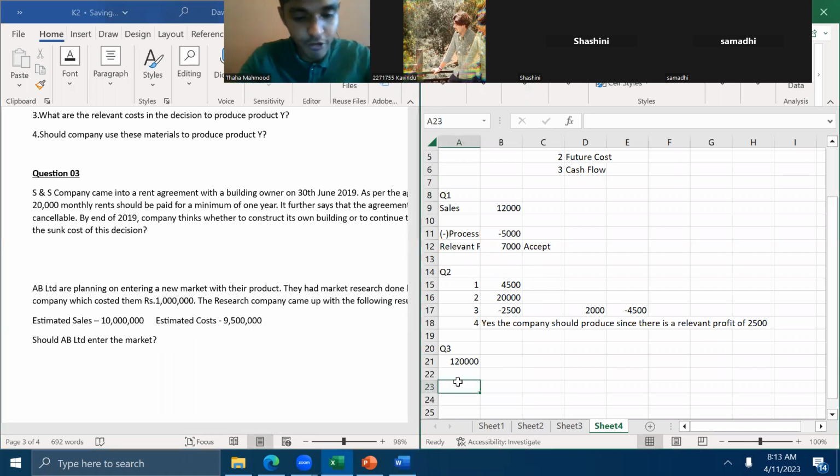So now if we do not consider relevant cost, if we make a decision without considering it, we will think all right, estimated sales is 10 million, estimated cost is 9.5 million, and also we have incurred another 1 million.